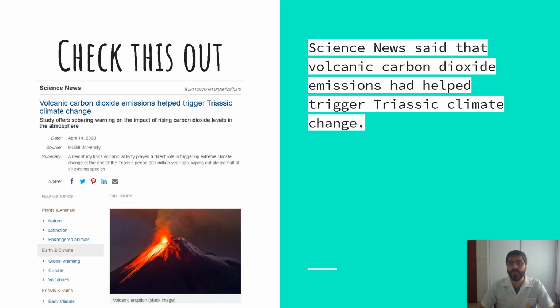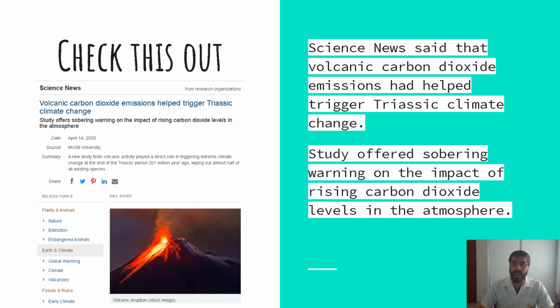Okay, Science News said that volcanic carbon dioxide emissions had helped trigger Triassic climate change. And on the headline under it, study offered sobering warning on the impact of rising carbon dioxide levels in the atmosphere. As you can see, there are some changes. Although both texts show the same words, there are some differences.